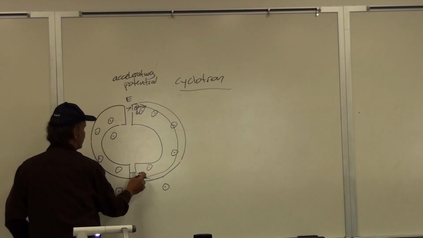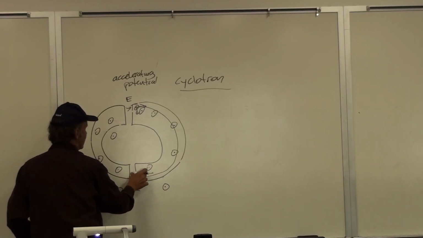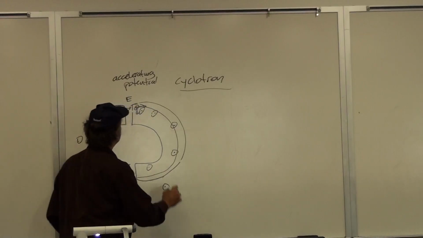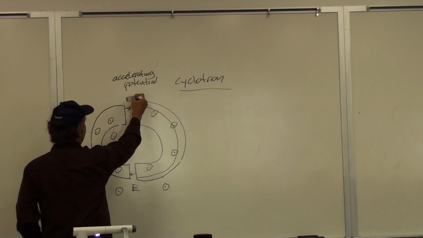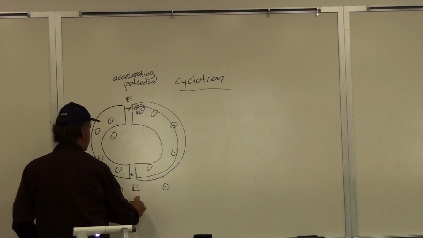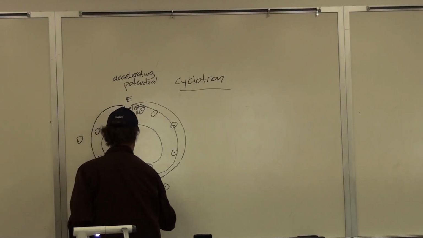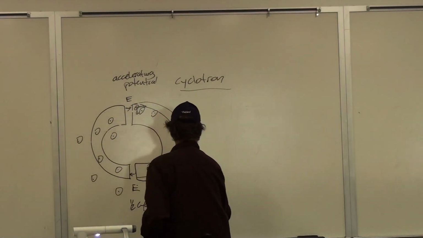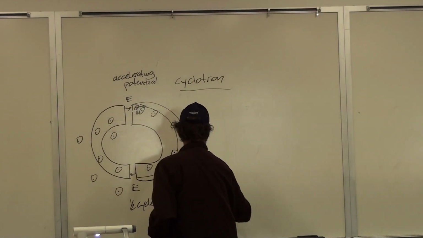And then when it gets to this point, the electric field is reversed. Okay, so the electric field points to the left when it's up here, and then by the time it goes through half a cycle later, it is reversed.